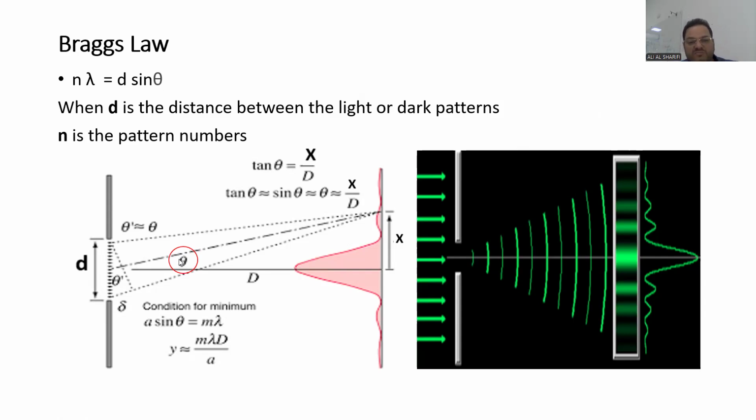At very small angles, like this situation, we can say sine theta instead of tan theta, okay? From theta dash to theta, we can convert it because it's approximately the same. By that, we can say sine theta equals x, the distance between the bright spot and the other pattern, divided by the distance between the screen and the slit or wire.